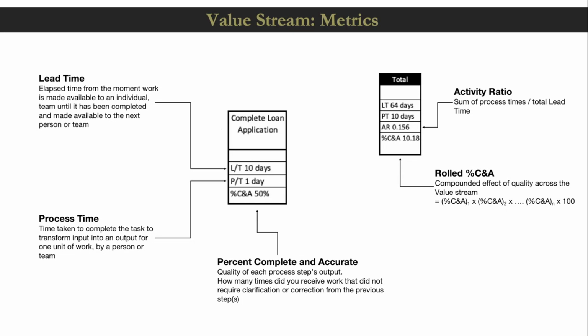In this example, it stands at 50%, which means that half of the time the input coming into the step requires clarification or correction, which in turn adds rework and it adds more time for the process to complete. In other words, the quality isn't up to par and there's a lot of scope for improving the quality.